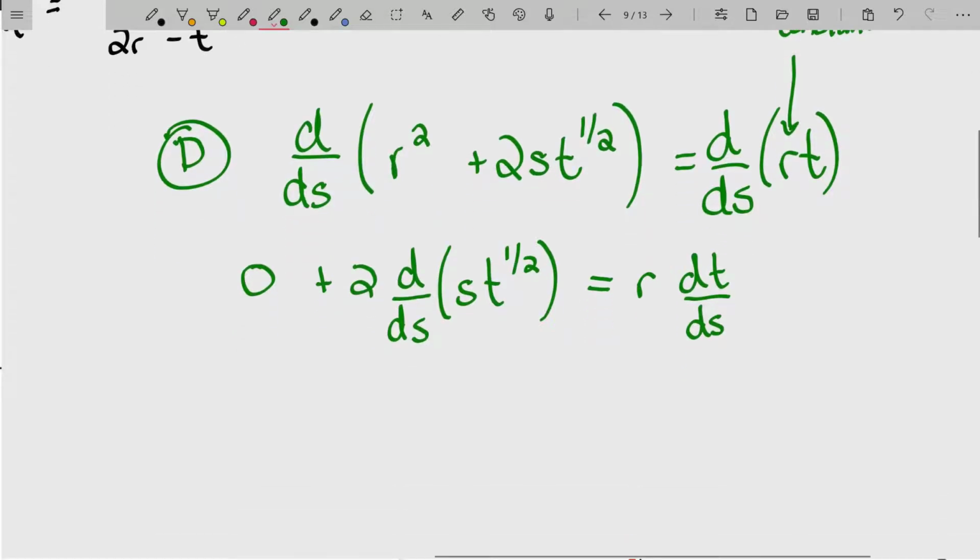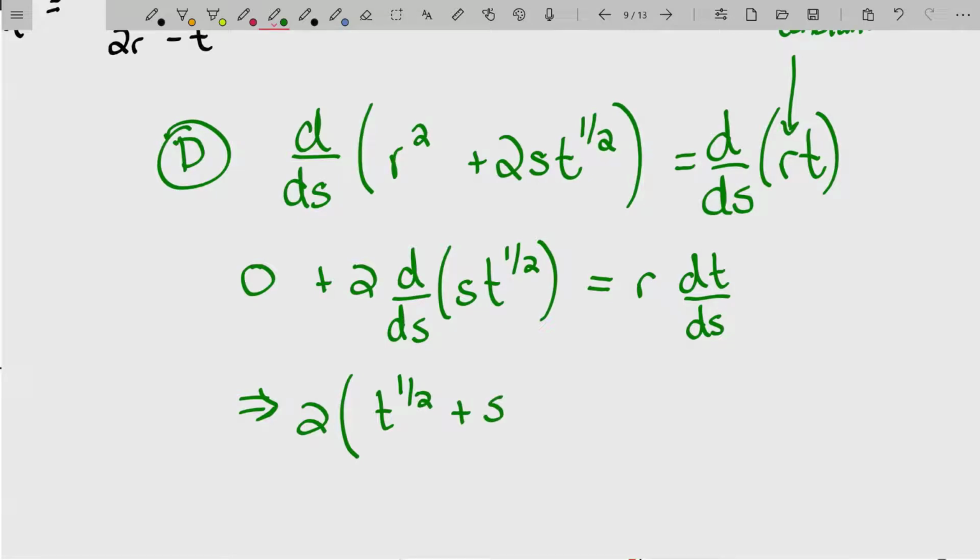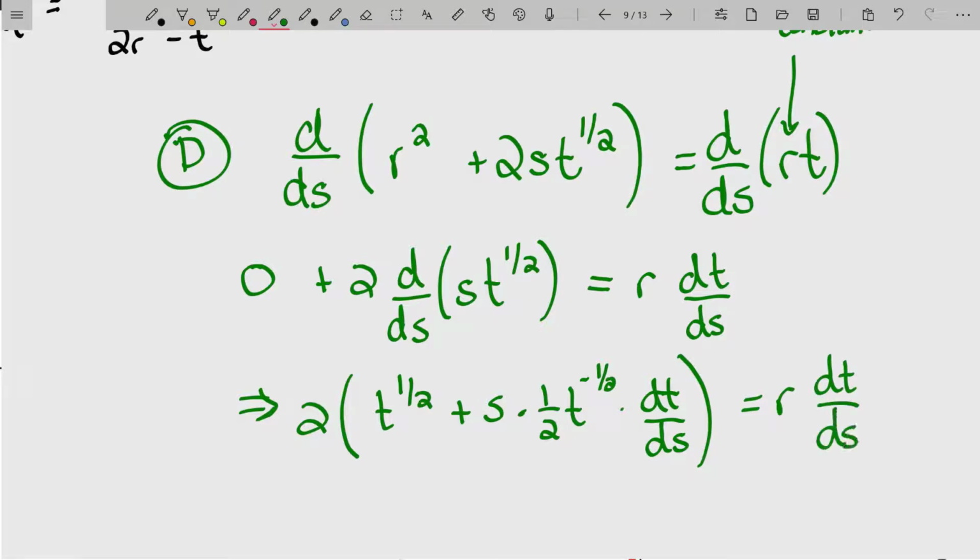Now we just need to go through and take this product rule. Derivative with respect to s of s is 1 times t to the 1/2 plus s times the derivative of t to the 1/2, which is going to be 1/2 t to the negative 1/2, and then times the derivative of that t with respect to s, is equal to r dt ds.